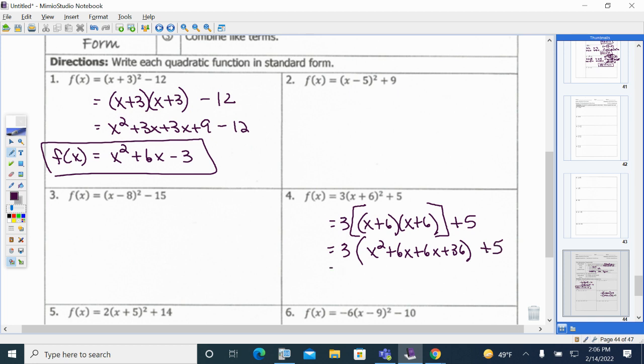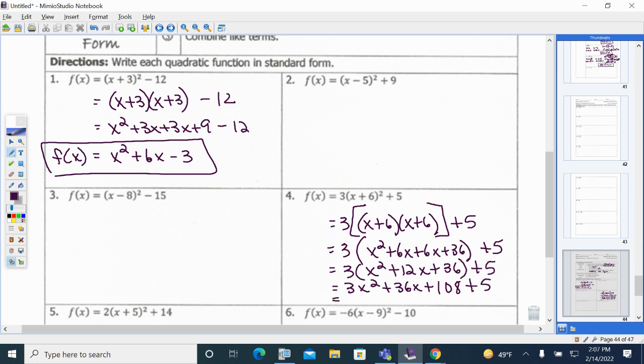I'm going to combine my like terms first before I distribute. I have to wait on this plus 5 until the very last, because addition and subtraction is the last step we do, left to right. Now I'm going to distribute the 3. So I get 3x squared plus 36x plus 108, and then bring down that plus 5 finally.